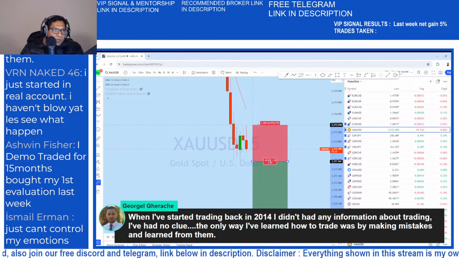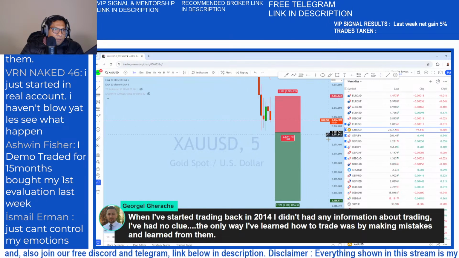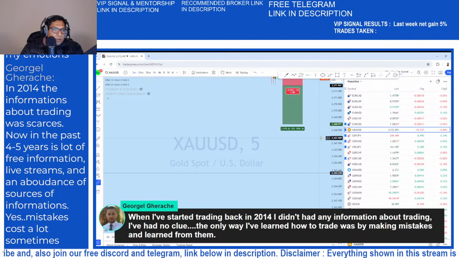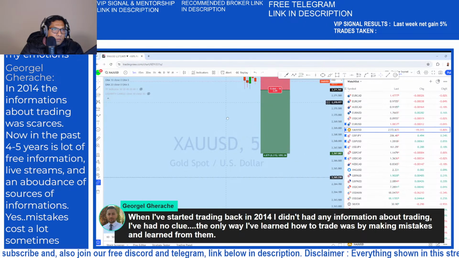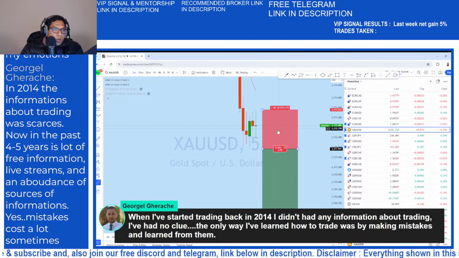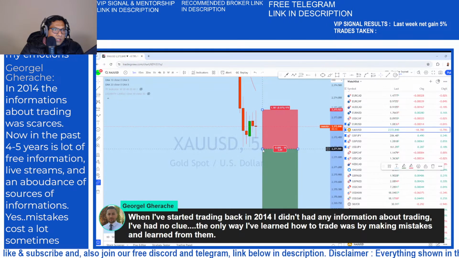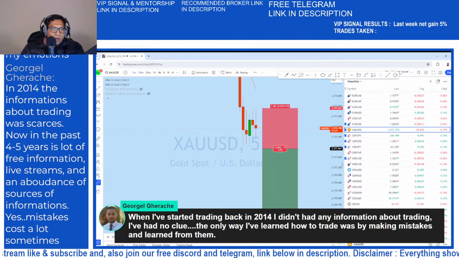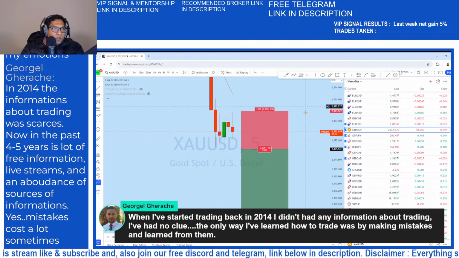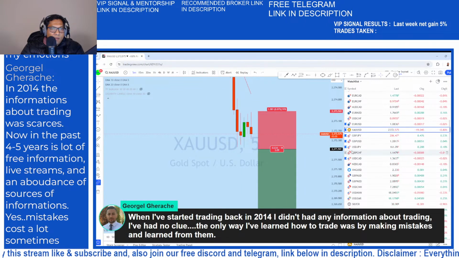Keep in mind that it's a pending order that we will be placing, and I'll be targeting here 3 to 1. So the sell stop will be here at 2371.94. Stop loss will be at 2373.52.